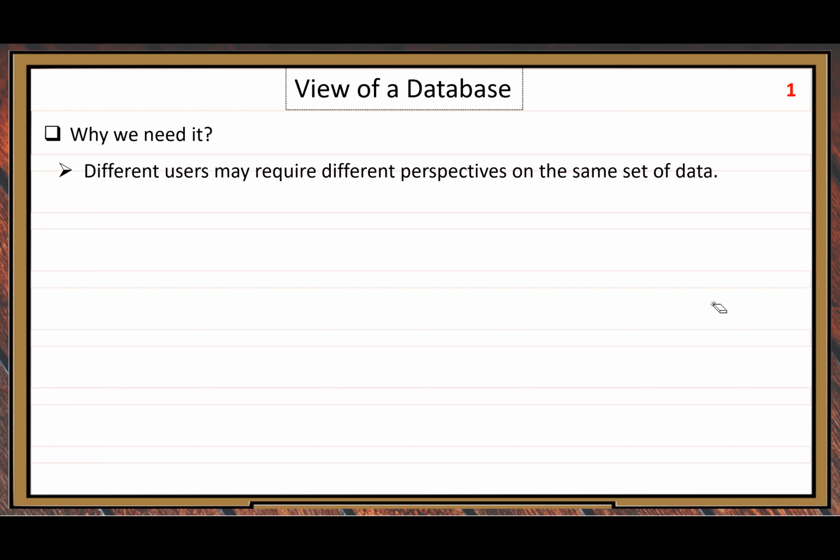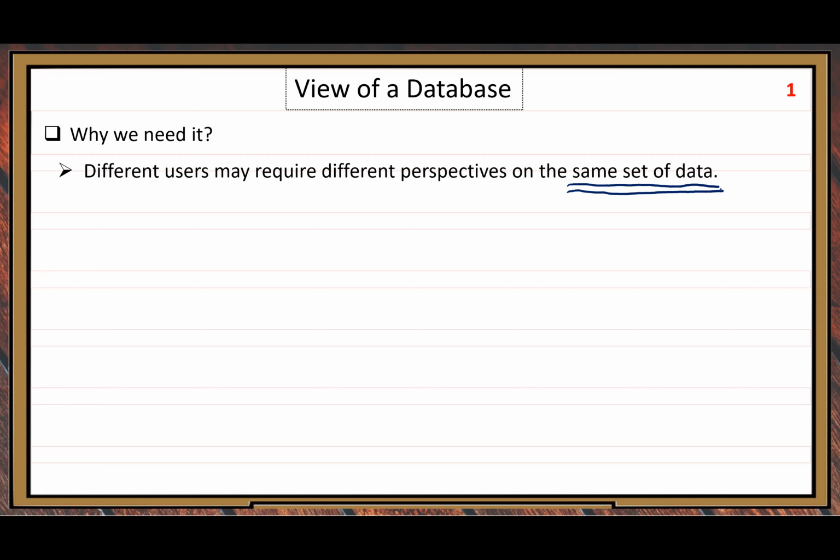So here, same set of data. We consider the same set of data, but that data can be presented in many different ways. Think about that. Suppose we have a large table.